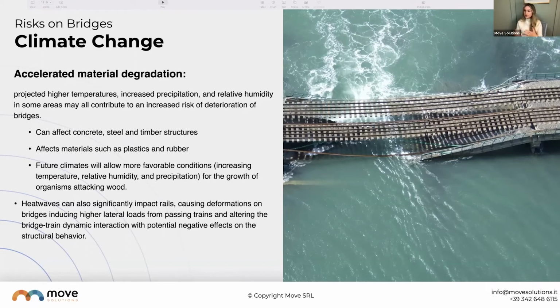So if you're looking at a rail bridge and you have the rails buckling under the heat on the bridge itself, this can cause deformations in the rails, which actually alters the dynamic behaviors of the bridge as loads are passing over. So it's not just worrying about if the train is going to derail because of the deformed rails, but it's also worrying about a structural failure because you're changing that dynamic behavior on the bridge, and that's not how it was designed and built.